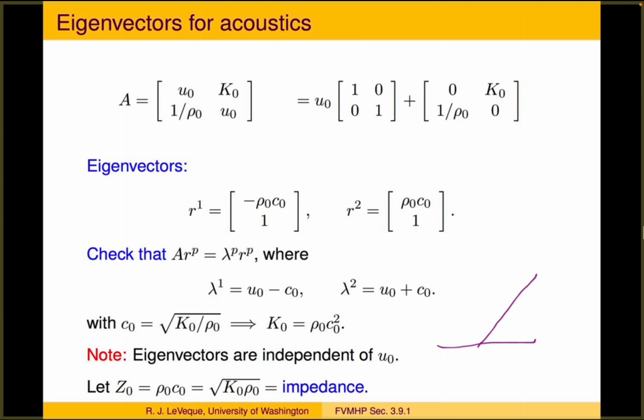Say this is x0 plus u t, the path along which the gas is moving. The eigenvectors would be the same as before, but the eigenvalues, u minus c and u plus c, correspond to waves moving slower or faster than this by the speed of sound, c0. You could do the same thing tracing back along characteristics. It's just that the characteristics now move at speed plus or minus c0 relative to the gas velocity.